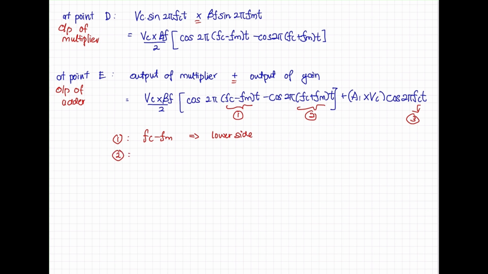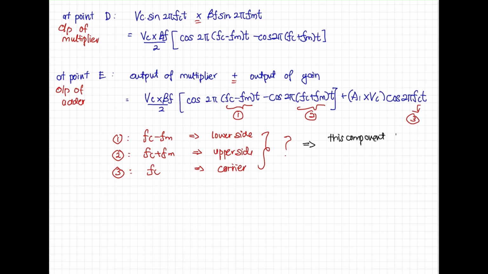The second term relates to fc plus fm, the upper side. And fc is the frequency component of the carrier. This looks familiar, similar to AM.